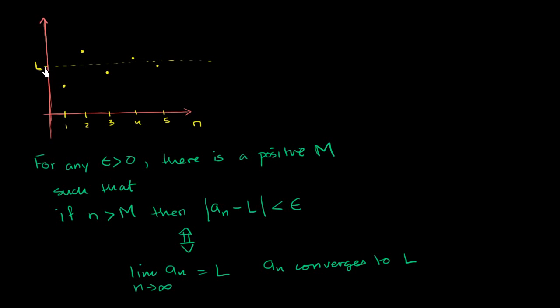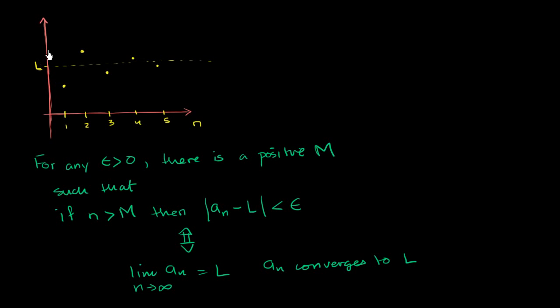So let's parse this. Here I was making the claim that a sub n is approaching this L right over here. I tried to draw it as a horizontal line. This definition of what it means for a sequence to converge says, look, for any epsilon greater than 0, let me pick an epsilon.